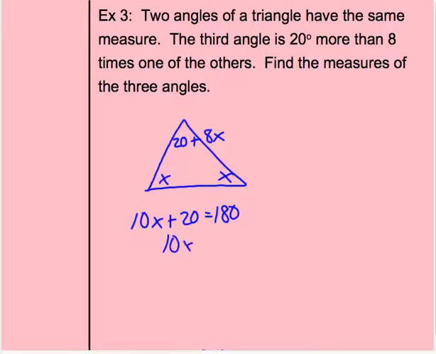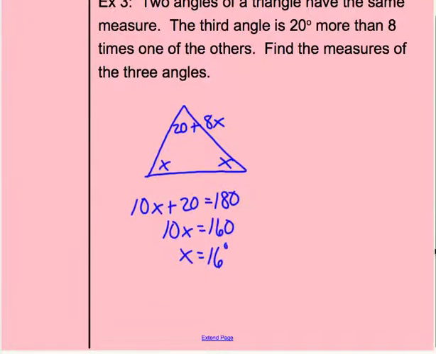Subtracting 20 from both sides and dividing by 10, we get the 2 smaller angles are each 16 degrees. The third angle would be 20 plus 8 times 16, which gives us 148 degrees.